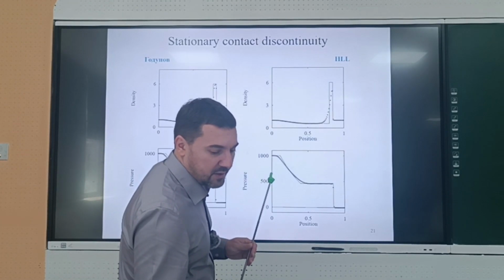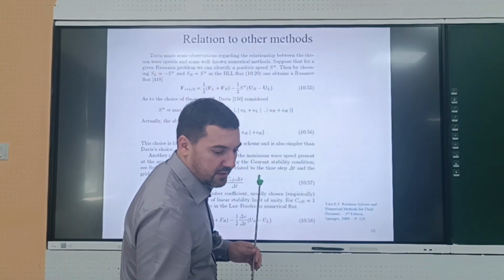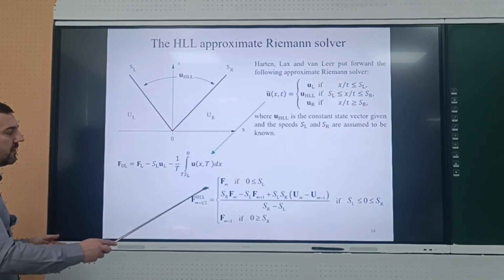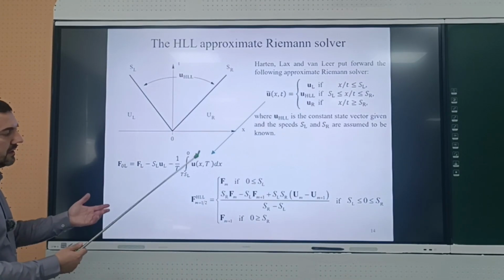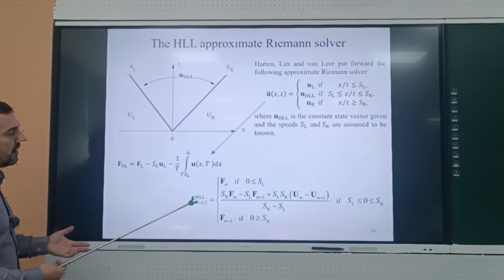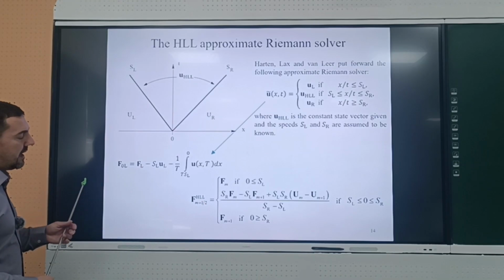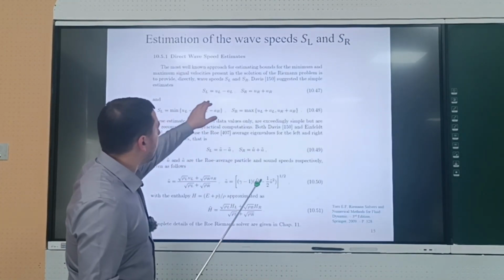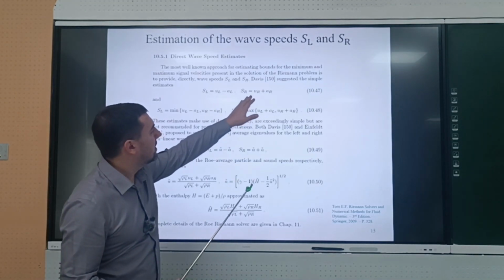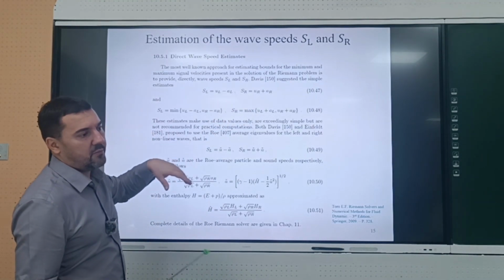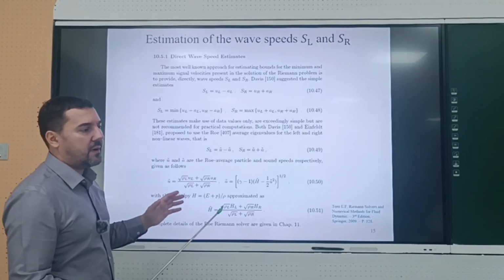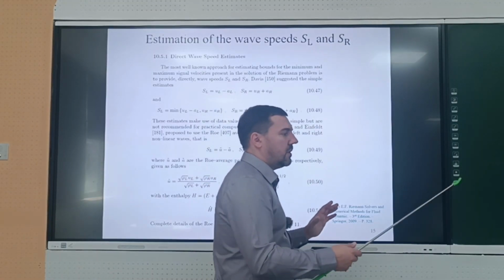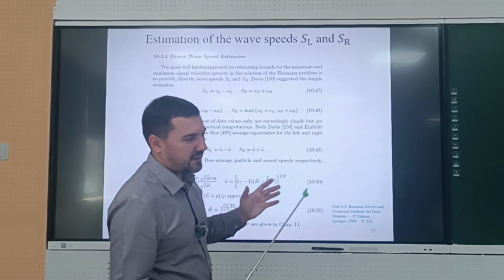Among the advantages of the HLL method is the simplicity for sure. This is just the final formula, so it's very easy. If you know the estimations for SL and SR, if you chose them somehow, the formula is very simple. Also it's very attractive because all these estimates are based only on the speed of sound. So even if you have a complex equation of state, I told you that one of the disadvantages of the Godunov method is that it cannot be applied straightforwardly to situations with a complex equation of state.